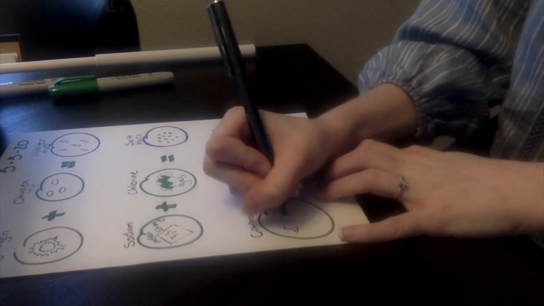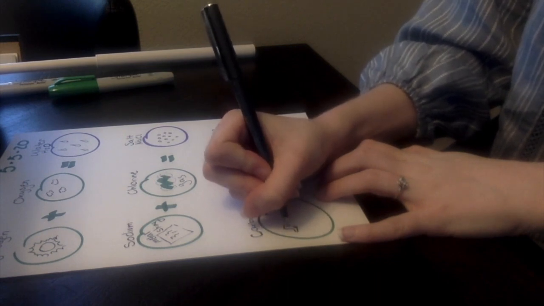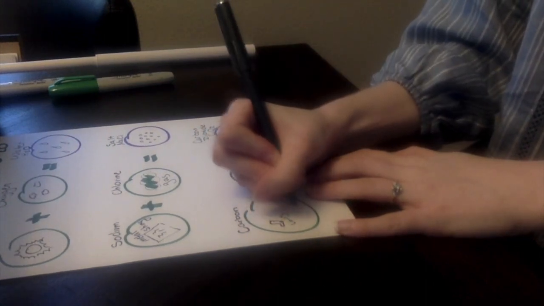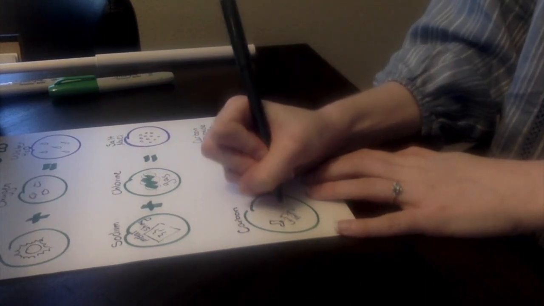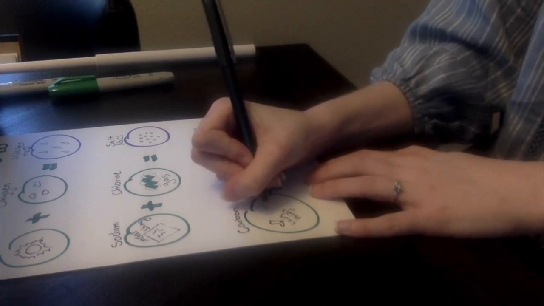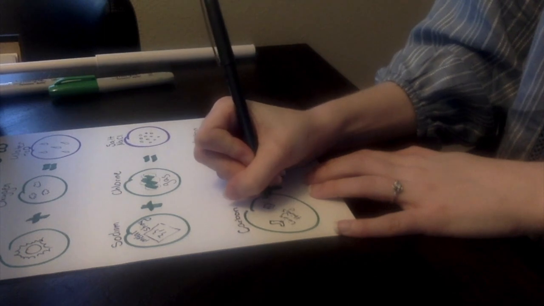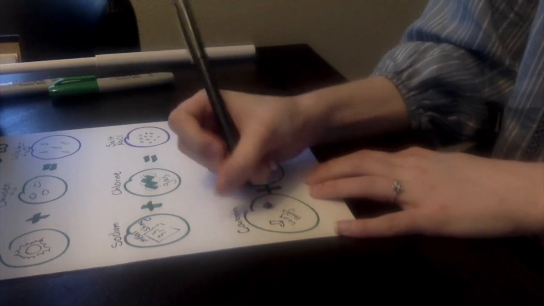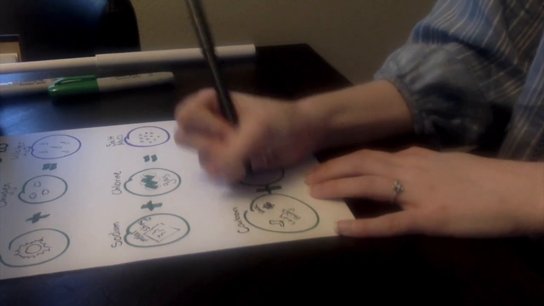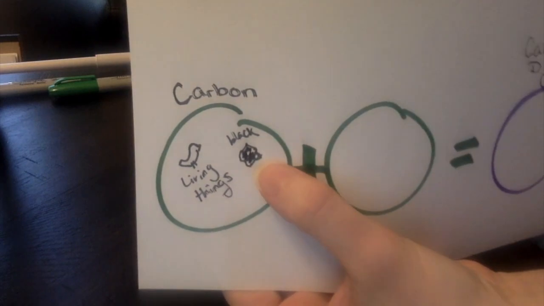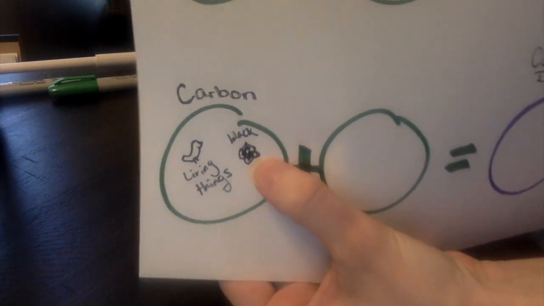So I'm going to draw a picture of that bird. Living things. But we also know that what carbon looks like is kind of like coal. It looks like black rocks. So I put in my bubble that carbon is in living things, but it also looks kind of like black and looks like rocks.